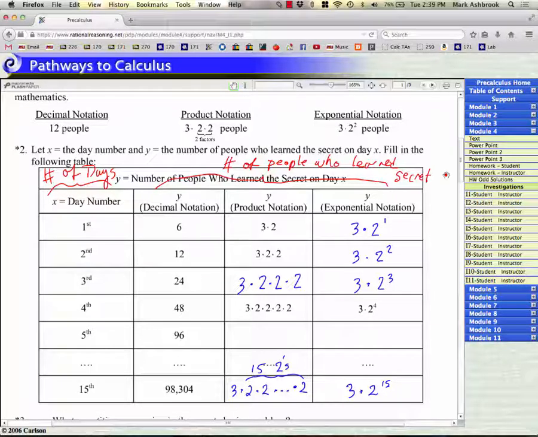Okay, so we have two things going on here. We have the initial number of people. What's the initial number of people? 3 people, right? And then what are we doing? Initial is 3. So what characterizes this growth?